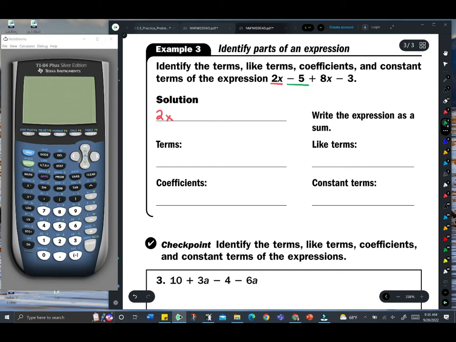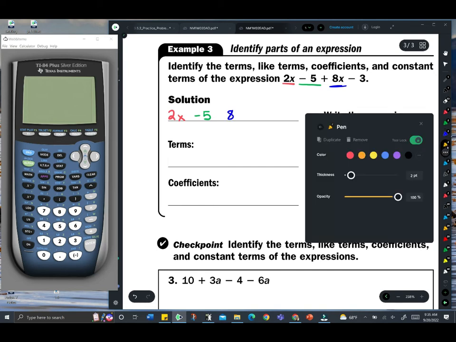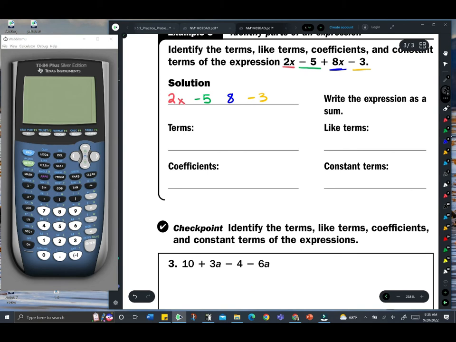The next term is negative 5. The other term is 8, and negative 3 is also a term. Okay, so I know I have another example here, but those are the terms.